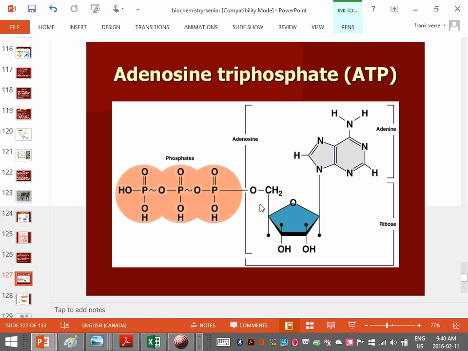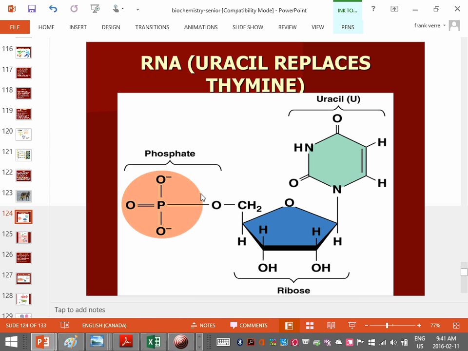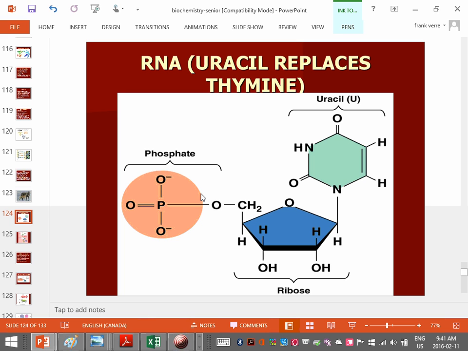And there's your phosphate, three of them. It looks exactly like that. So nucleic acids are used to store information, but they're also used to store energy.